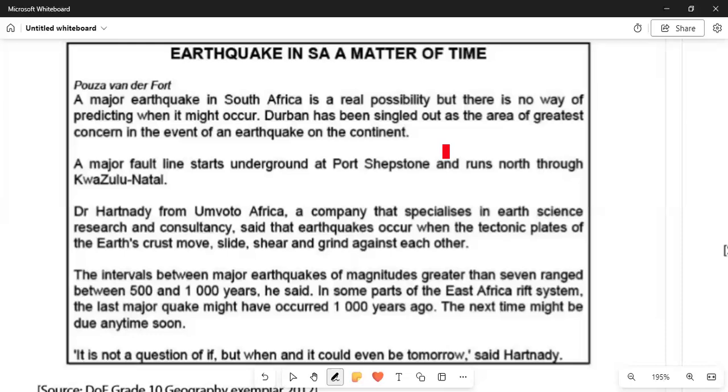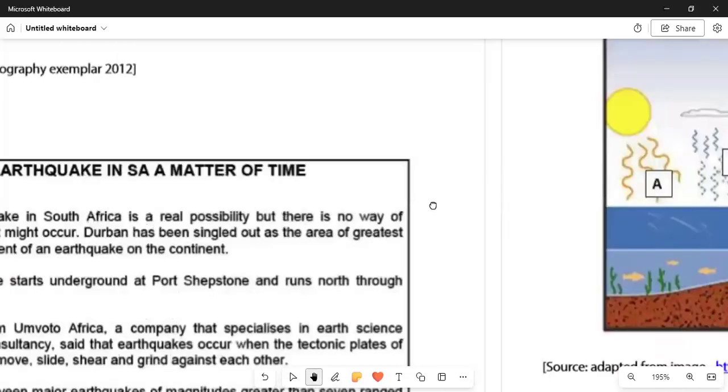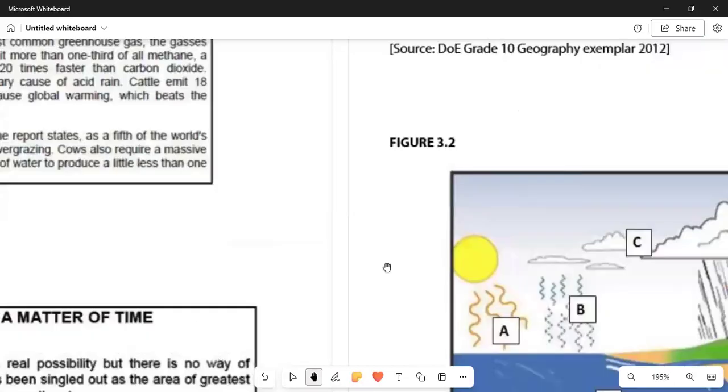In some parts of the Eastern Africa rift system, the largest major earthquake might have occurred 1,000 years ago. The next time might be due anytime soon. It is not a question of if, but when; it could be tomorrow, he said. So that is what we have read in the article on the earthquake.